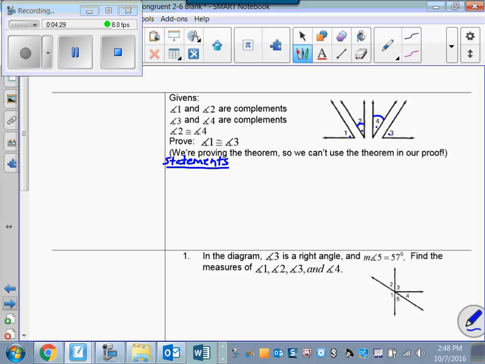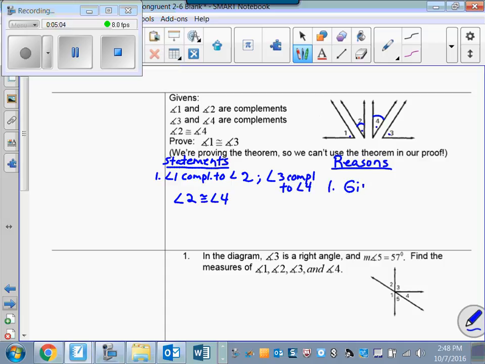Statements, reasons. I think I'll just go ahead and put all my given statements right off the bat. So angle 1 is complementary to angle 2. Angle 3 complementary to angle 4, and angle 2 is congruent to angle 4.